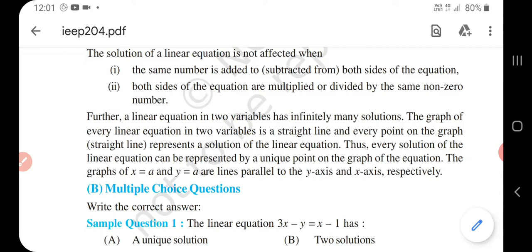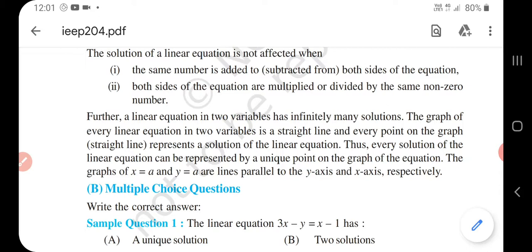So when LHS is equal to RHS, for that value of x, we can say that value is the solution or root of the equation. Solution and root are the same thing.